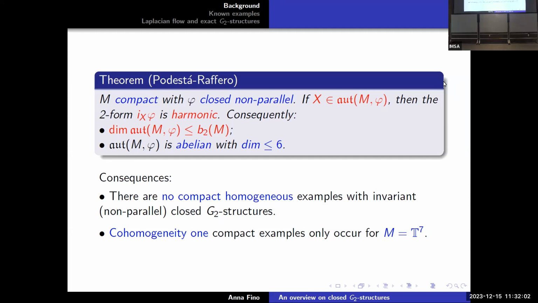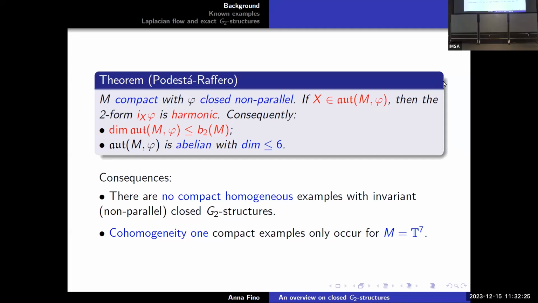And that's very strong because in some sense, it puts some restriction on the automorphism group. And we say in particular that the automorphism group has to have dimension less than or equal to a bound. That means that on a compact homogeneous space, you cannot have such a structure.